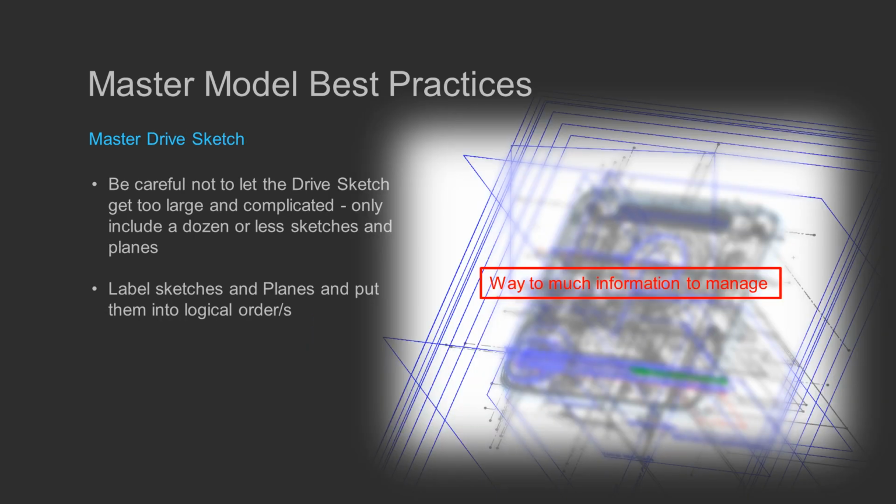But what I see a lot is, and we've even done this at Spanner and learned from it, is that if you create a drive sketch that gets too large and complex, and I blurred this image out of an actual product that we worked on that had maybe 100 different sketch and plane features in it, it gets unwieldy.